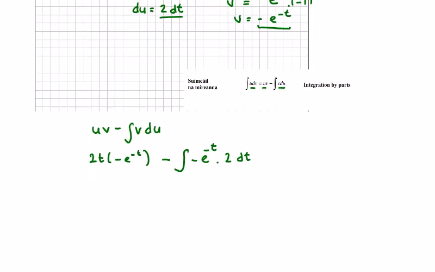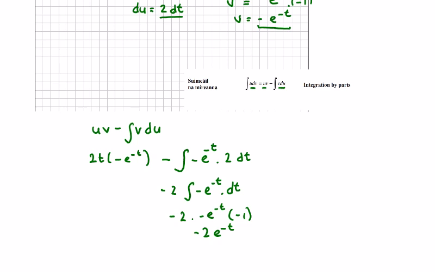So I'll probably factor out the 2 here. I'll do the minus 2 by the integral of minus e to the minus t dt will be minus 2 times, we've integrated this already, minus e to the minus t by minus 1, which will give 3 minuses, so it's still going to be minus 2e to the minus t.